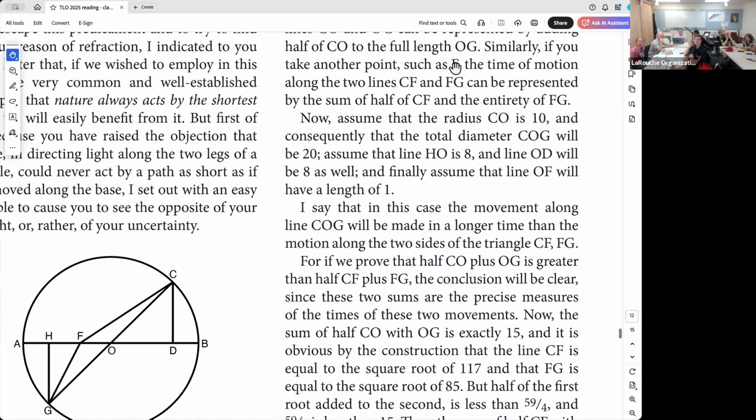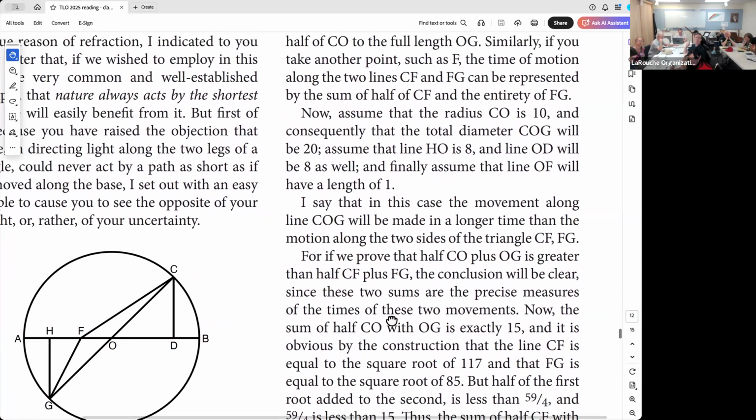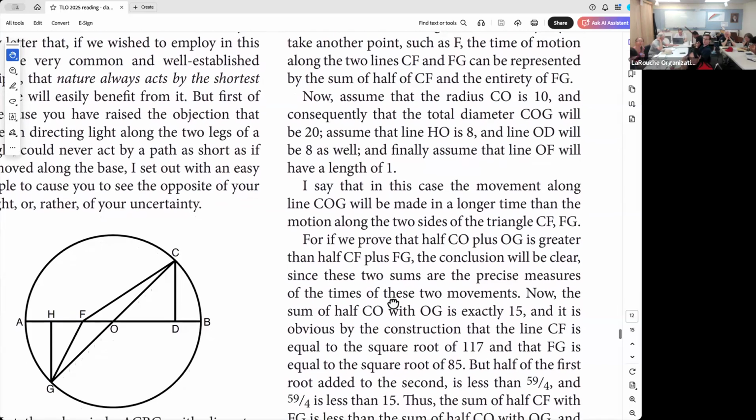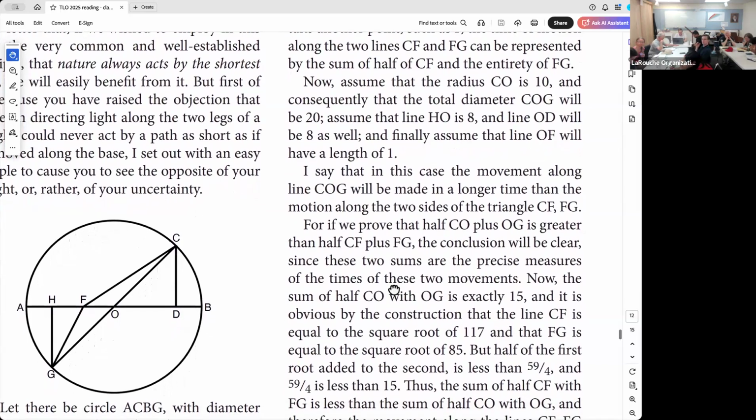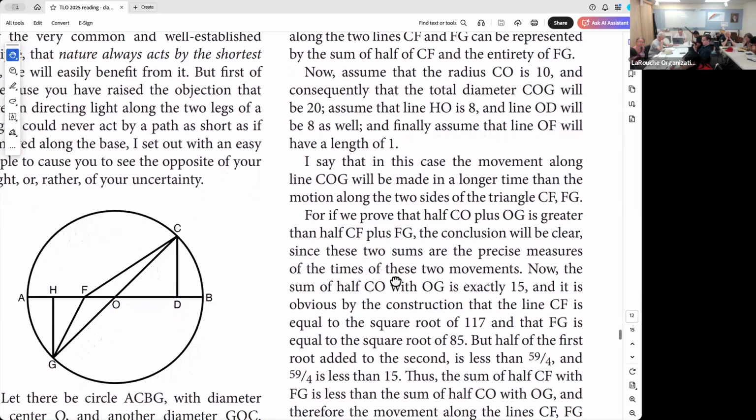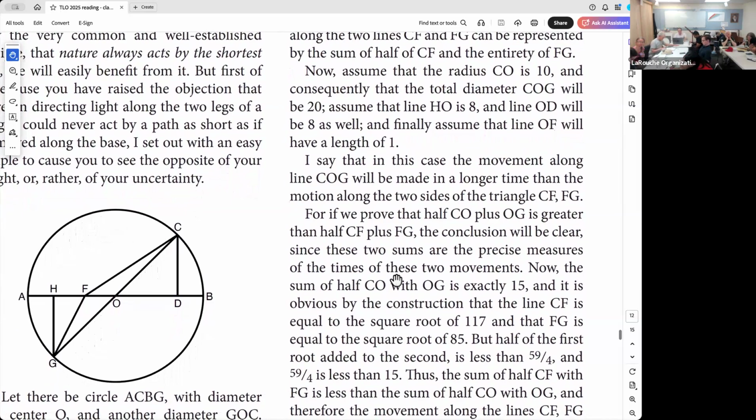Where was I? Now assume that the radius CO is 10 and consequently that the total diameter COG will be 20. Assume that line HO is 8 and line OD will be 8 as well. And finally assume that line OF will have a length of 1. I say that in this case, the movement along line COG will be made in a longer time than the motion along the two sides of the triangle CFG.